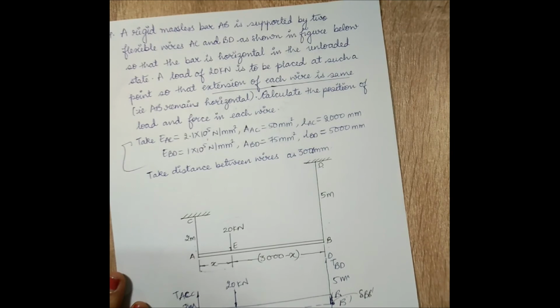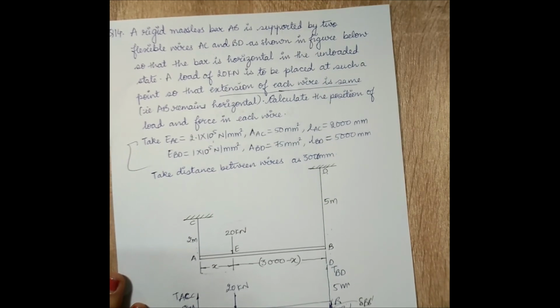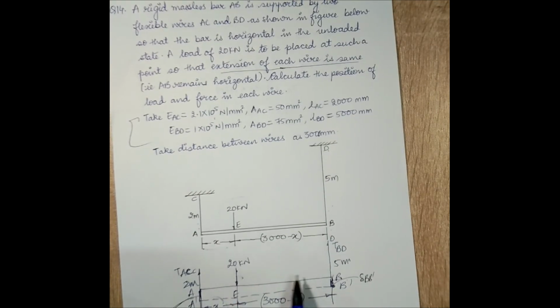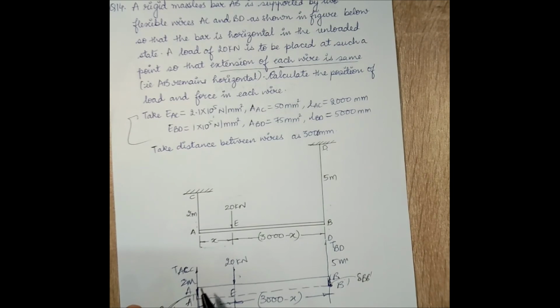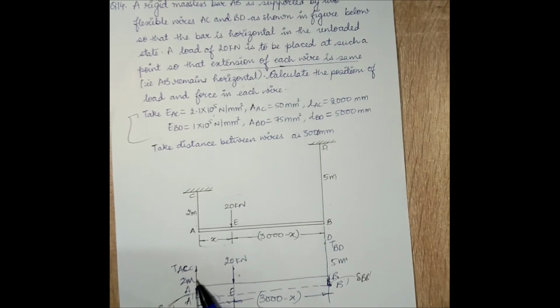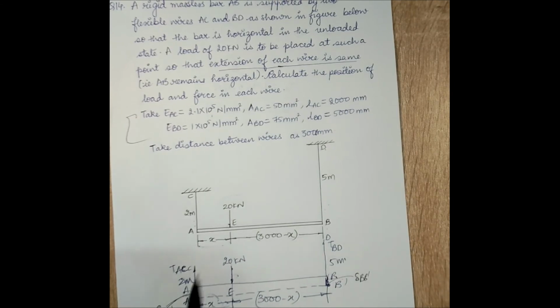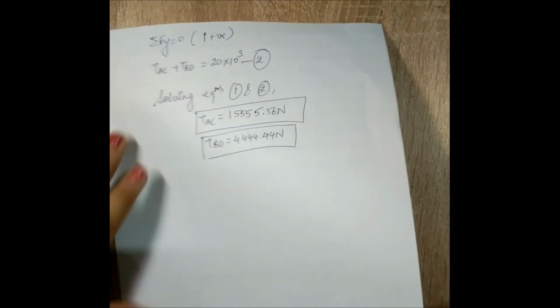Now I have to calculate the value of x. This is also something I need to find. So if I want to find this value of x, I can use summation of moment about this point E is equal to 0. When I take summation of moment about point E, I have to take moment from the left and right and equate them. So on the left I have TAC into x, and on the right hand side I have TBD into 3000 minus x. Now no positive negative because they are on either side.